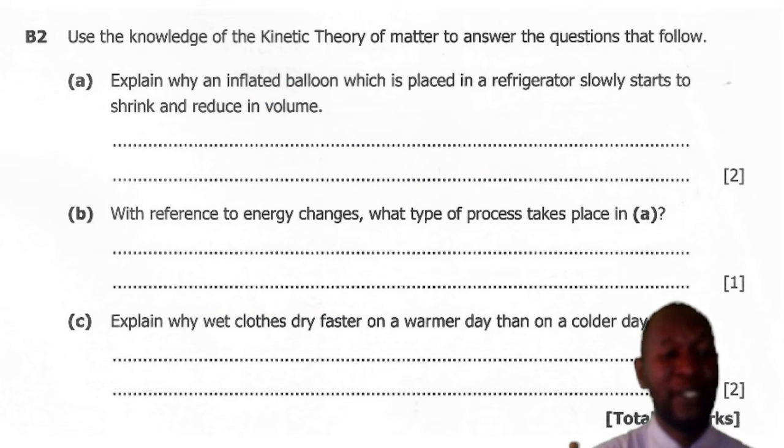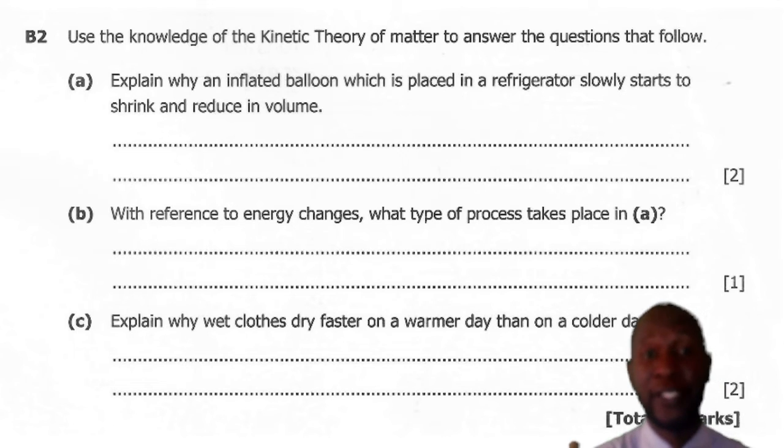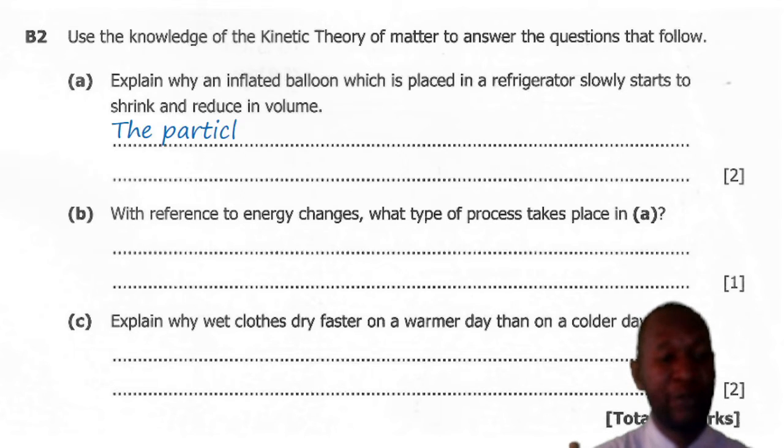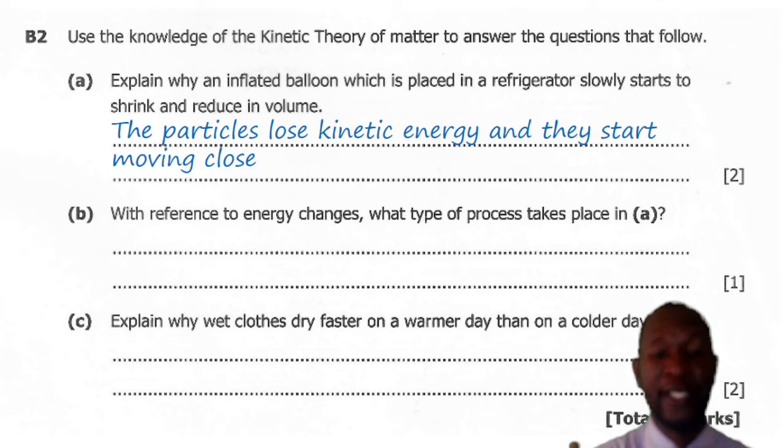B2. Using the knowledge of kinetic theory of matter, answer the questions that follow. Part A. Explain why an inflated balloon which is placed in a refrigerator slowly starts to shrink and reduce in volume. When a balloon is placed in the refrigerator, the particles lose kinetic energy and start moving close to each other.